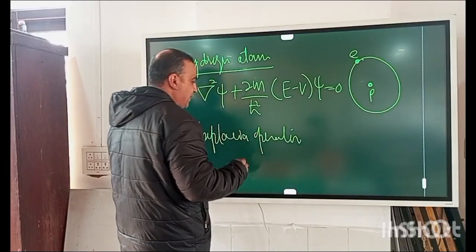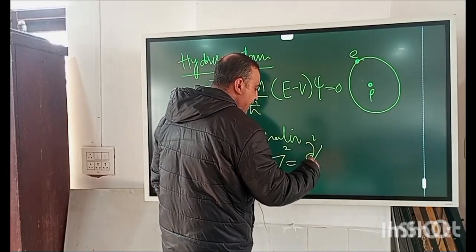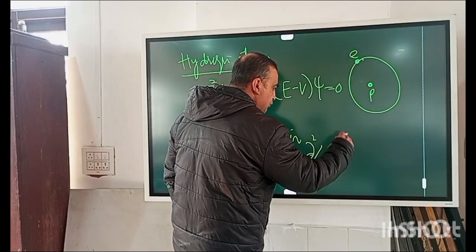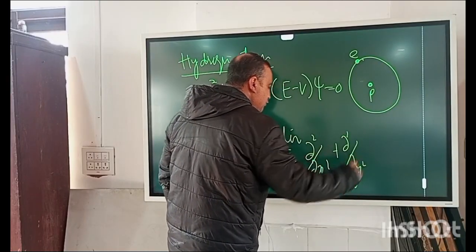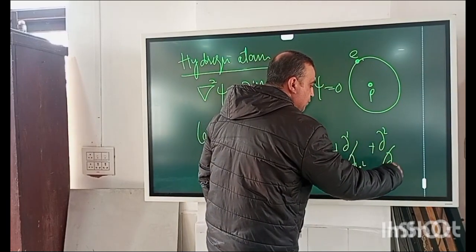And this operator can be written in Cartesian coordinates as dou2 by dou x2 plus dou2 by dou y2 plus dou2 by dou z2.